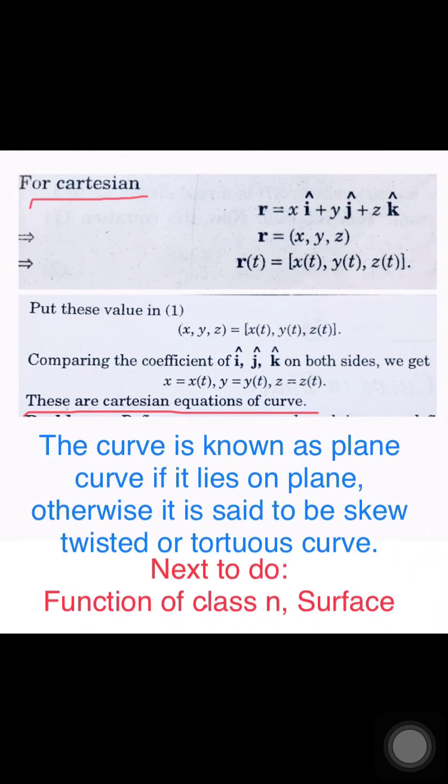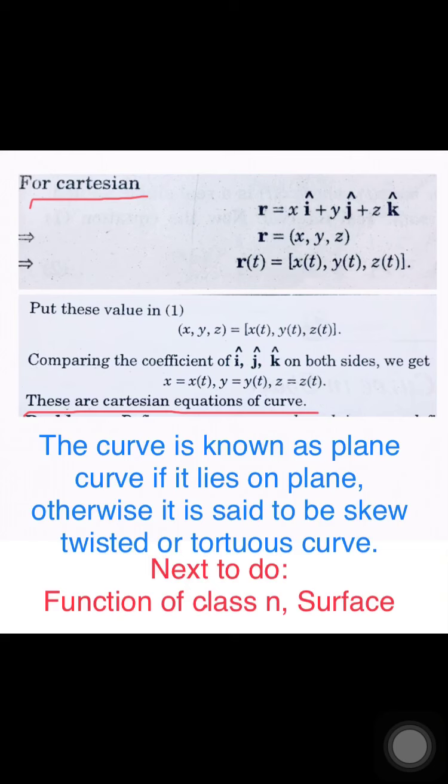Now we consider a Cartesian system. If r is a vector, then it can be written as r equals x i cap plus y j cap plus z k cap. In a coordinate system it is (x, y, z), and in vector notation we say r is r(t), so x becomes x(t), y becomes y(t) and z becomes z(t).